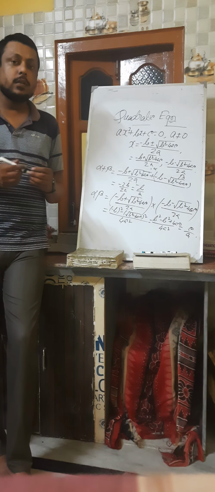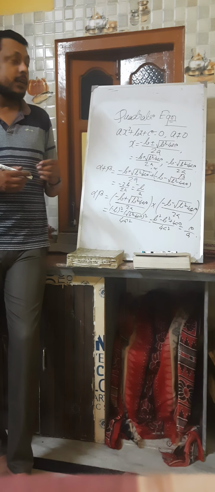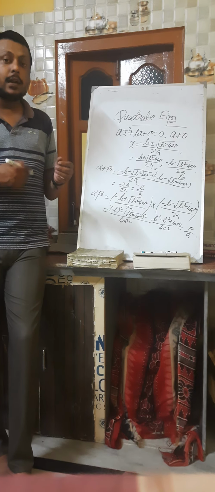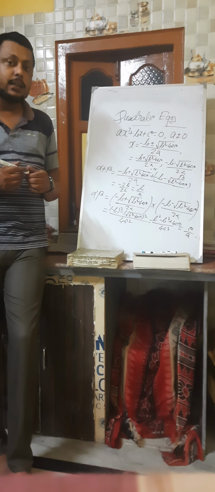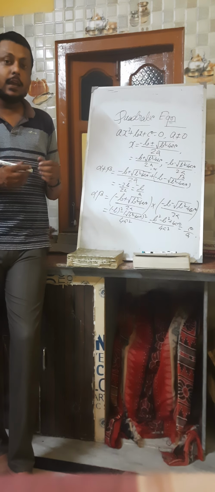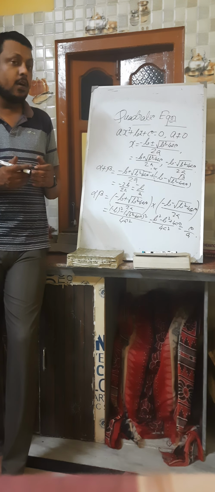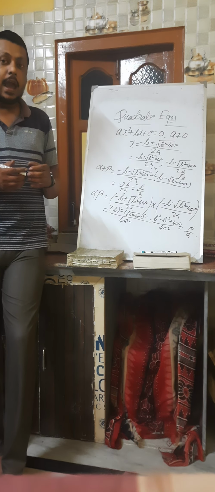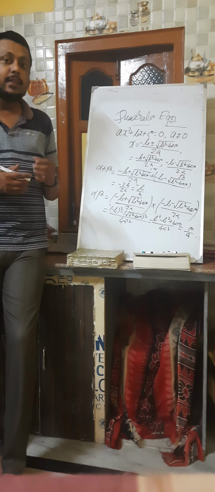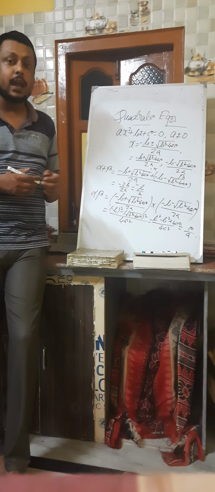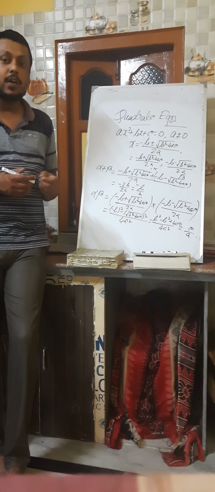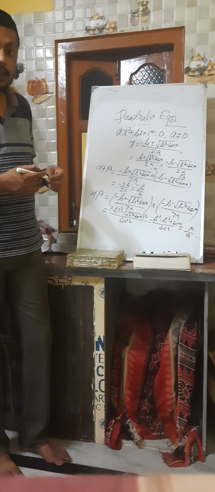It comes from the formula, or you can say it comes from the fundamental theorem of algebra. What does it tell? Every polynomial equation of degree n has n roots. So a quadratic equation has degree 2, so it must have exactly 2 roots.